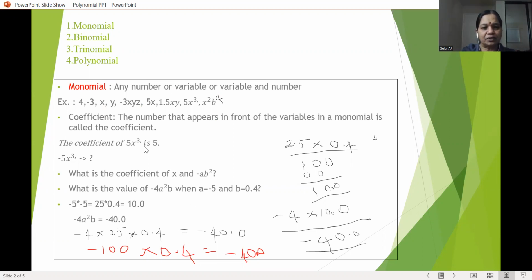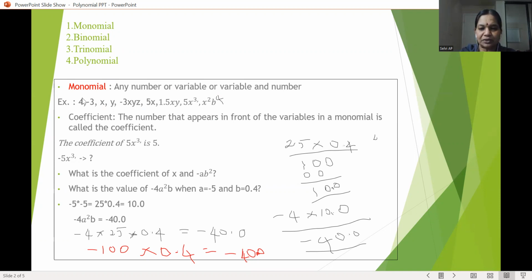So here, look at this example. I gave some numbers: 4, minus 3, xy, minus 3xyz, 5x, 1.5xy, 5x cube and x square b power 4. Here only one digit is there, 4, then minus 3. These are numbers.